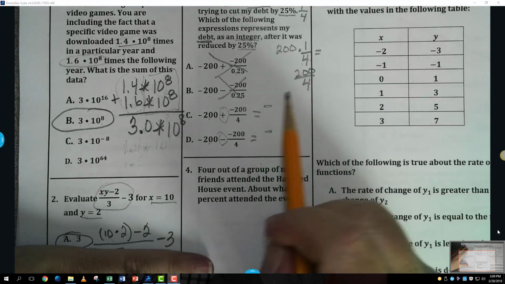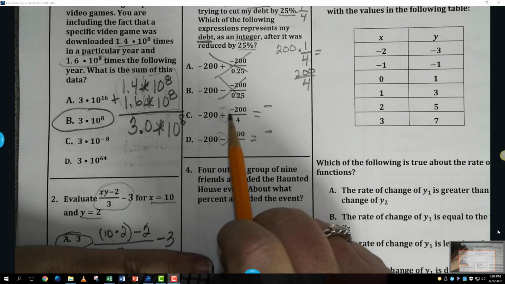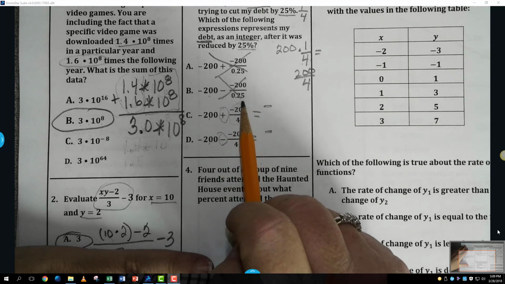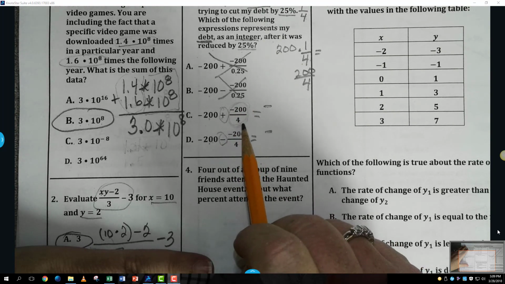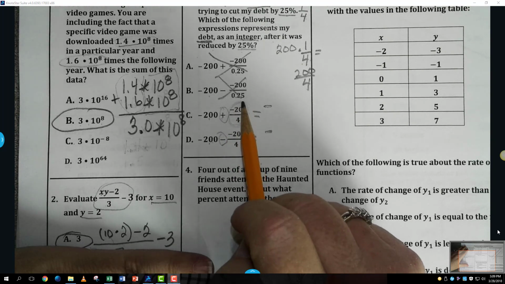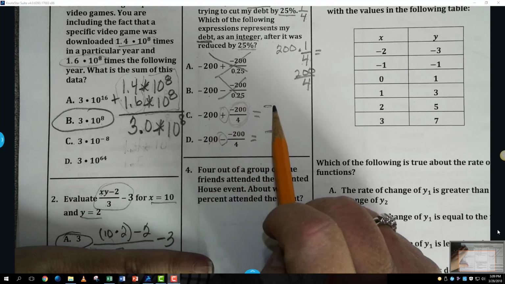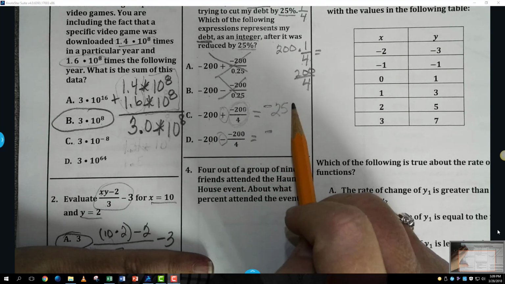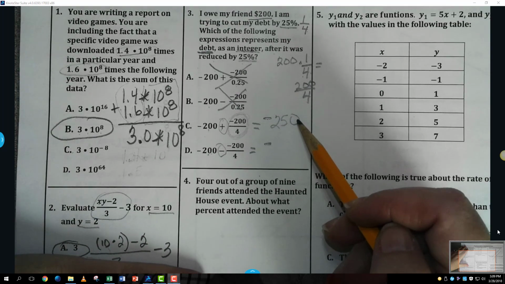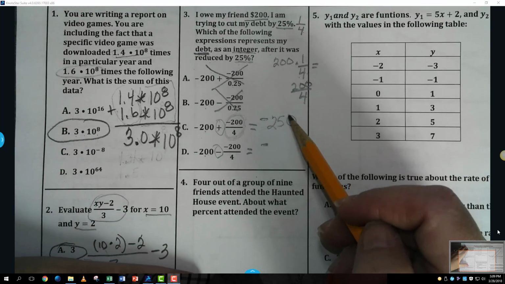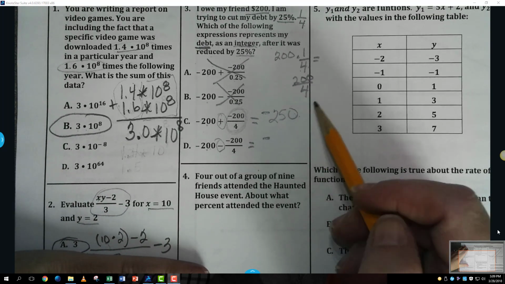However, if I add another negative number, incidentally, this would be negative 50. If I add another negative 50, then this is going to go up to negative 250. Okay, well, this says I owe more than I currently owe.